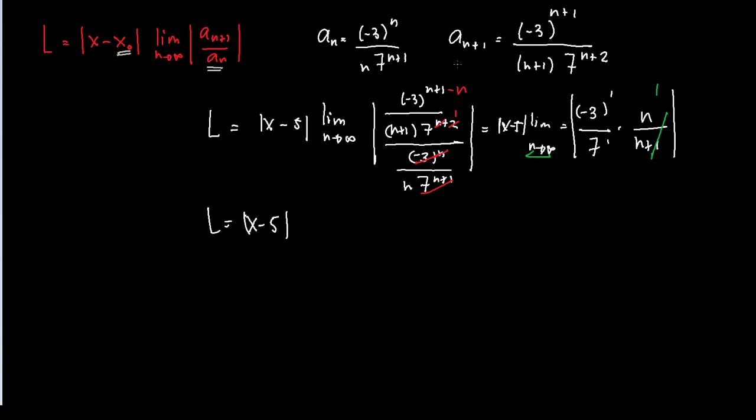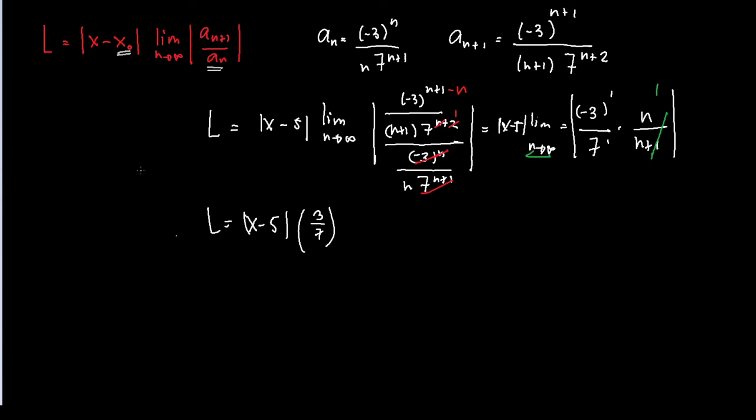But then we can now evaluate the absolute value here. So the absolute value of negative 3 is positive 3. So that's multiplied by 3 over 7. And there, we have the form L is equal to the absolute value of x minus 5 times 3 over 7.